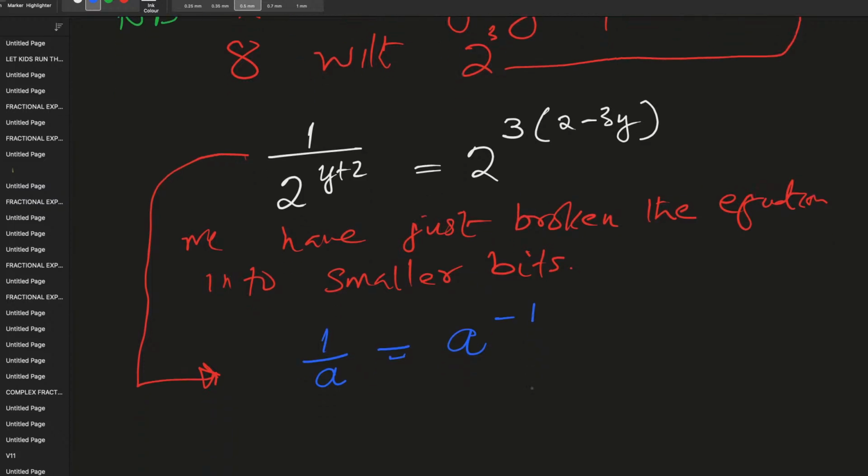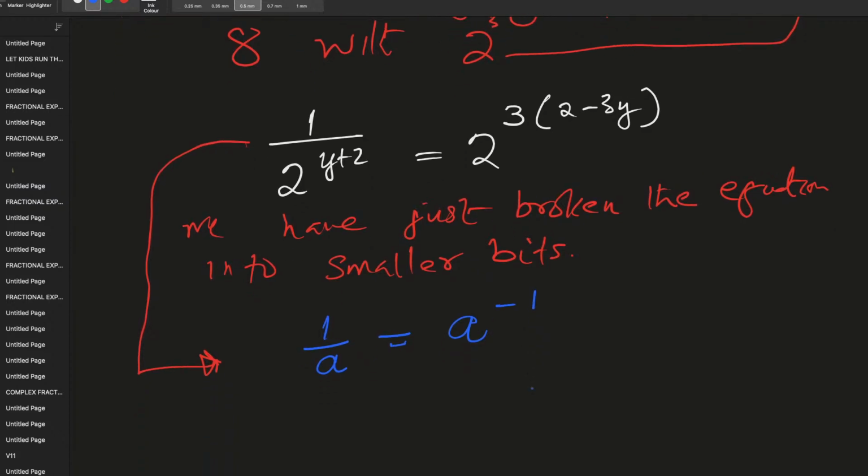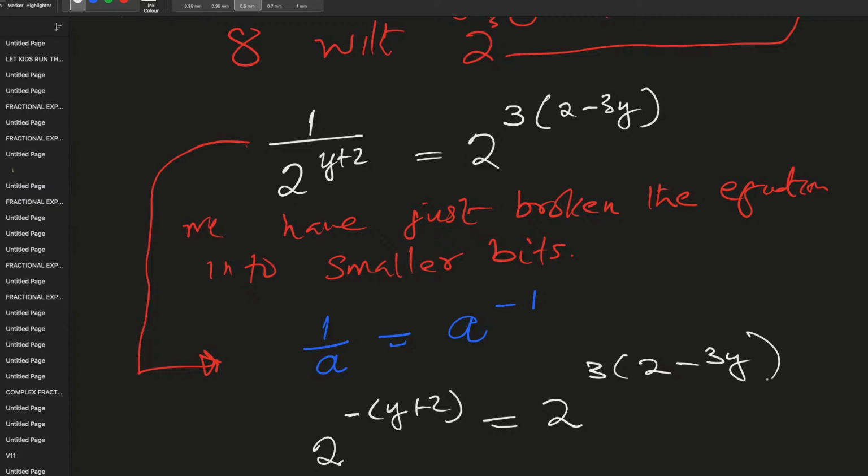Because of that idea, we can say that this equation can be written as 2 raised to the power minus of all the exponents y plus 2 is equal to 2 raised to the power 3 times 2 minus 3y. You see that we have made the equation so easy to understand, because now we can apply one more property to solve this equation.